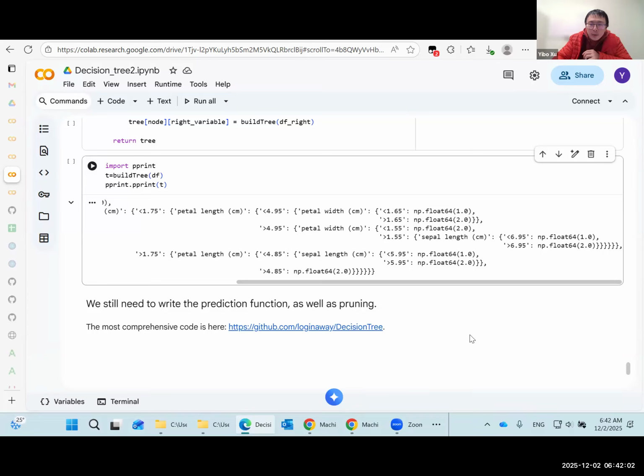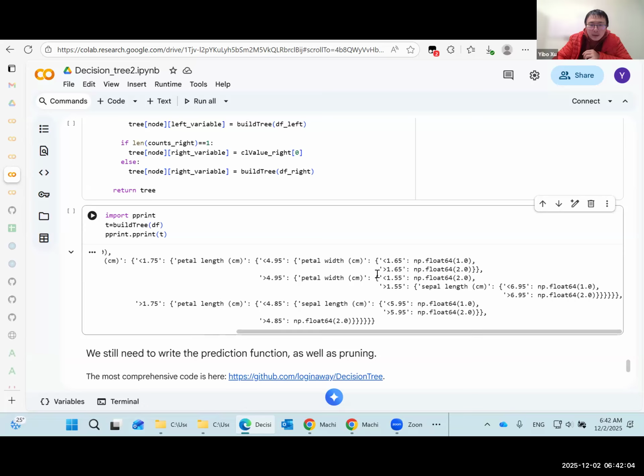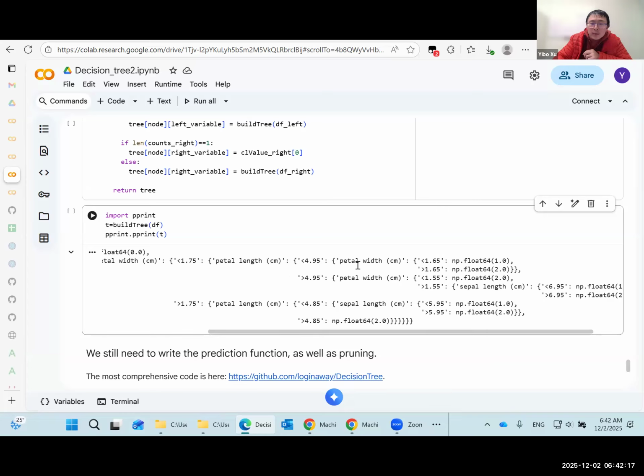Okay, but here what we are looking at is that the tree does not have sepal width.